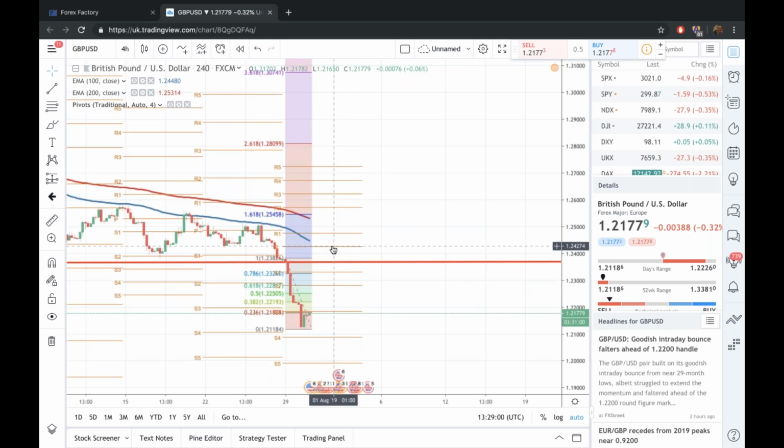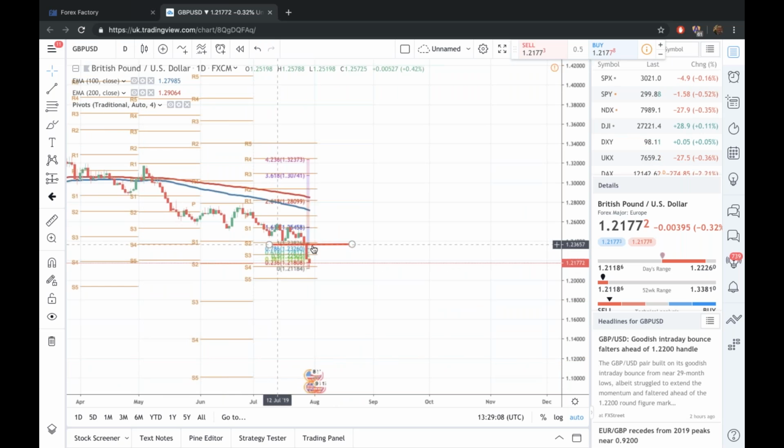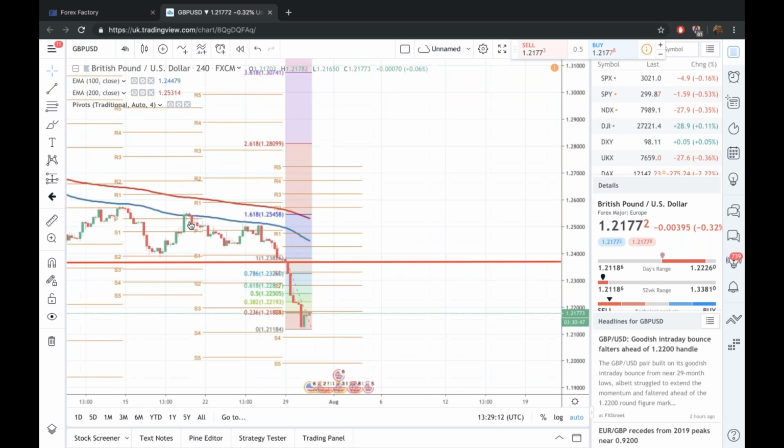That's back into a key resistance level on the daily. You can see here that level is a key level. So if you were entering a short, anywhere back up into here looks attractive for shorts.